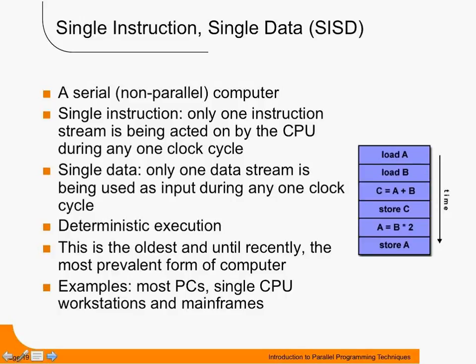This is serial execution, because it executes serially. This is the most prevalent computing, like all CPUs and desktops. It sends the instructions and the data, and does the computation in serial.